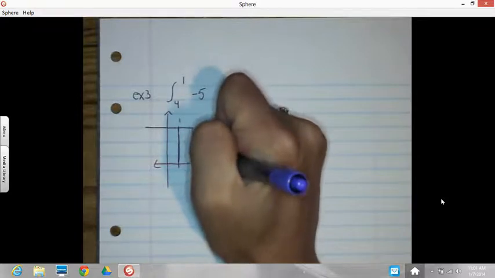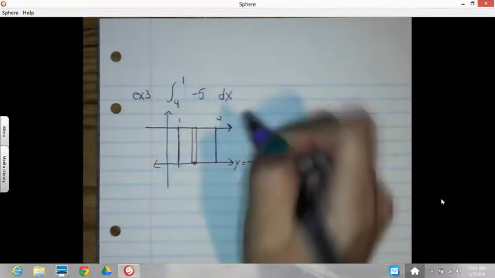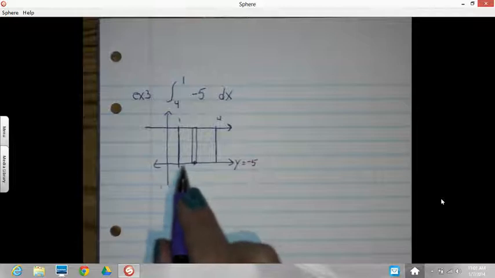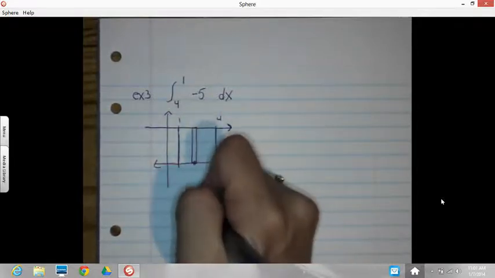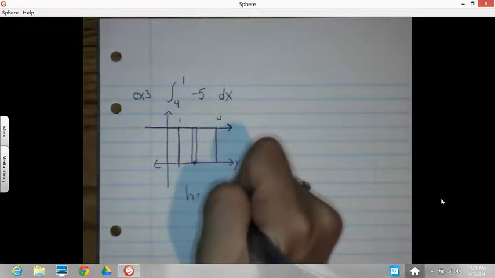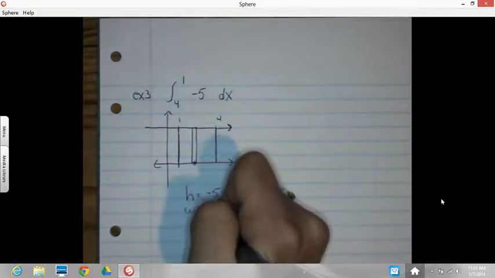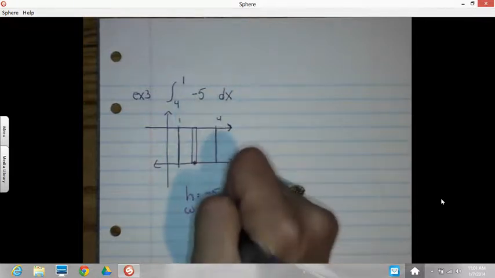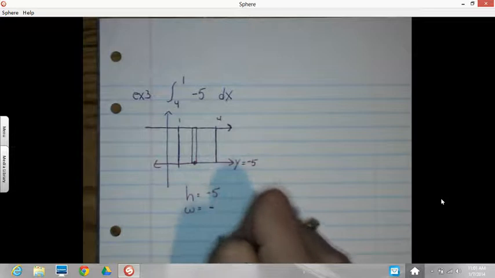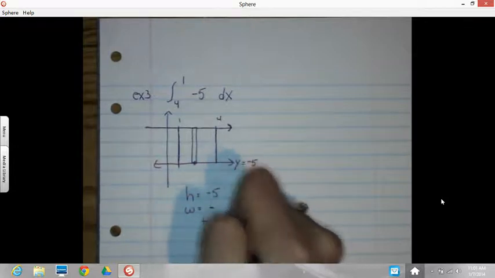Here's my little rectangles. My heights are all negative, and actually negative 5 because it's consistent all the way through there. So my heights are all equal to negative 5. My widths, because I'm going 1 minus 4, my widths are all going to be negative, which should give me a positive integral when I'm done.